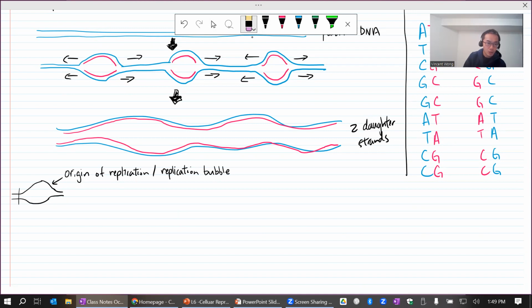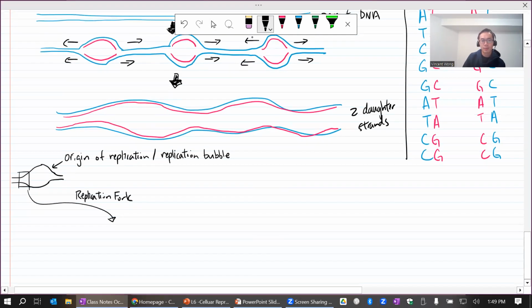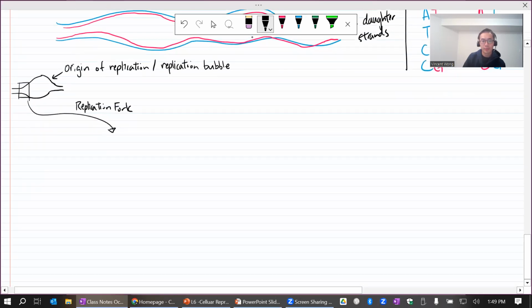And we are gonna zoom in onto one side of it. Okay, so this side here, that's called a replication fork. And we're gonna draw a big one here.